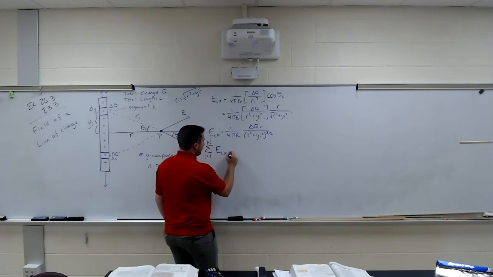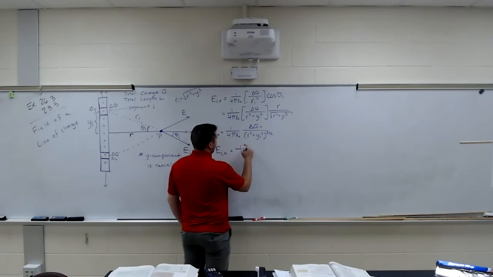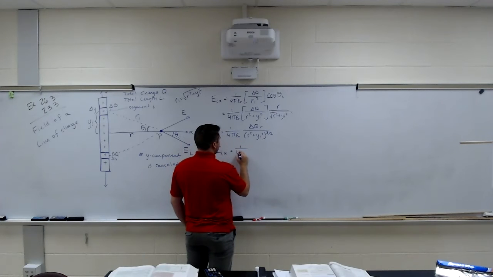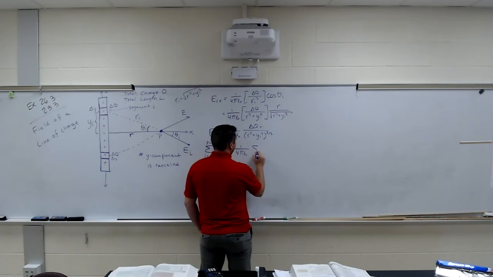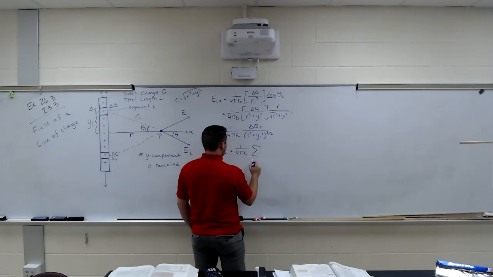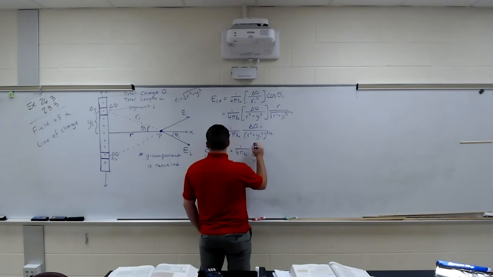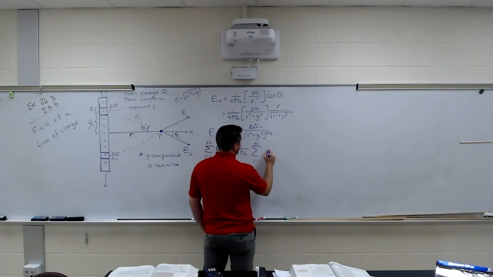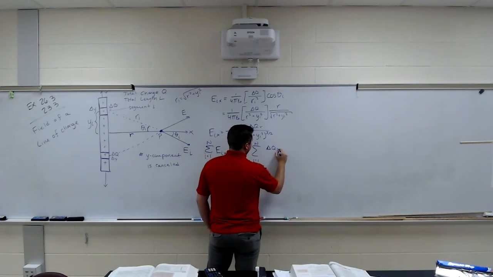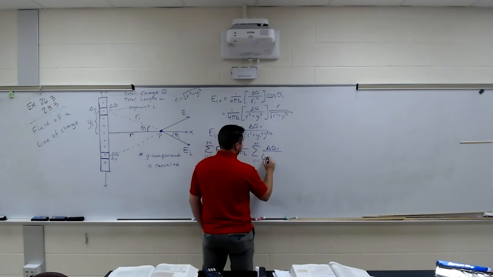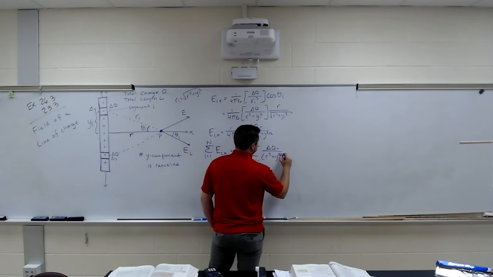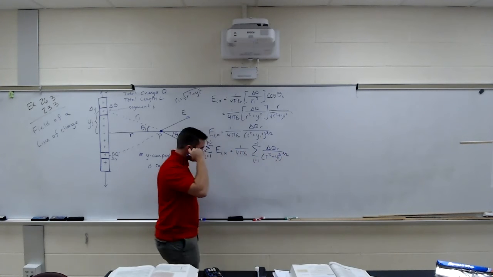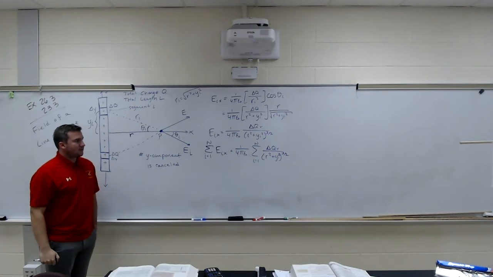So that'll give us a summation. I'm going to pull out the constants, 1 over 4 pi epsilon, because I don't need to worry about those in my summation. Sum from i equals 1 to n of delta q times r over r squared plus yi squared to the 3 halves. All right, so there's the summation that I'm working with.